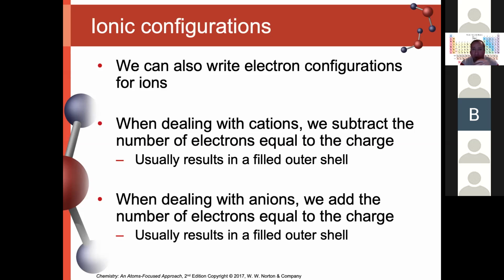And so what we usually will see in both of these cases is noble gas configurations are going to be the primary thing that we see. So I take away electrons, and that usually ends up getting me to a noble gas configuration. I add electrons in the case of anions, and I usually get a filled outer shell that gives me a noble gas configuration as well.